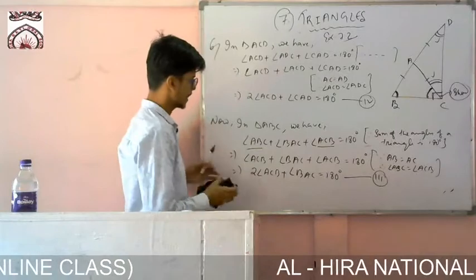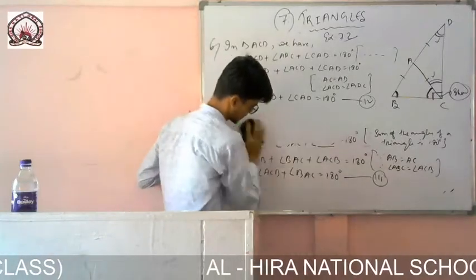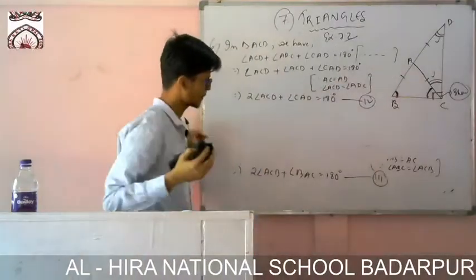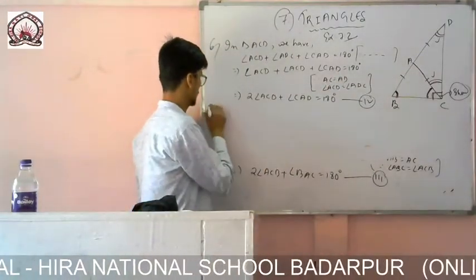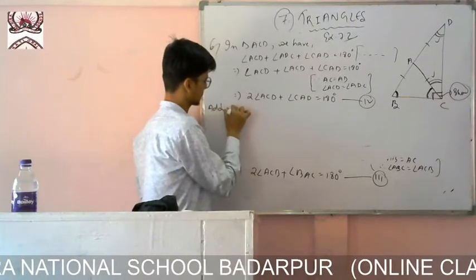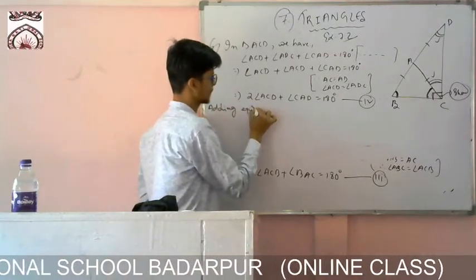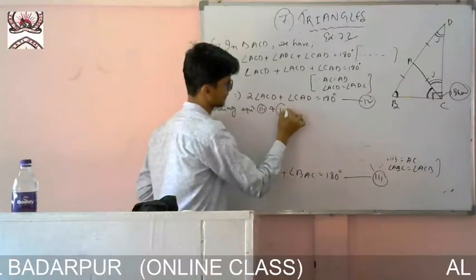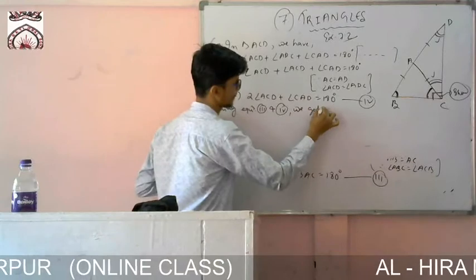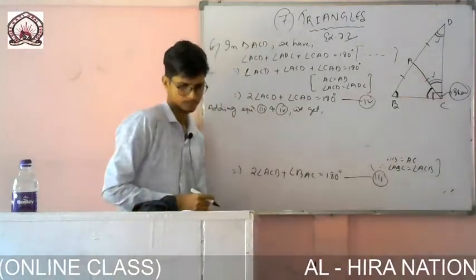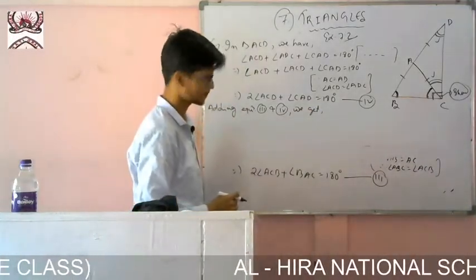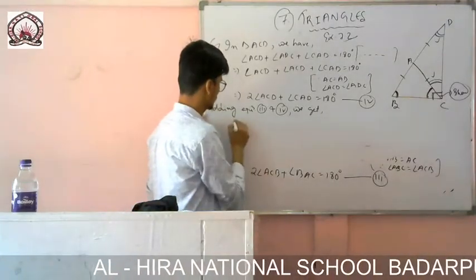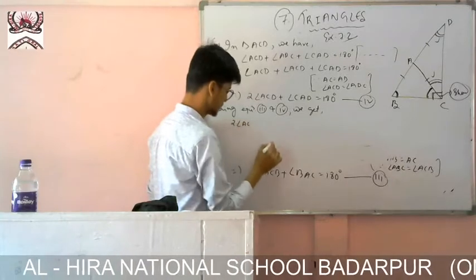So now I will add equation 3 and 4, and then I will solve it. I will get the answer. So adding equation 3 and 4, we get twice angle ACB.